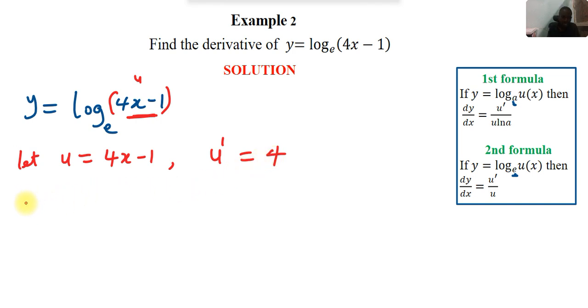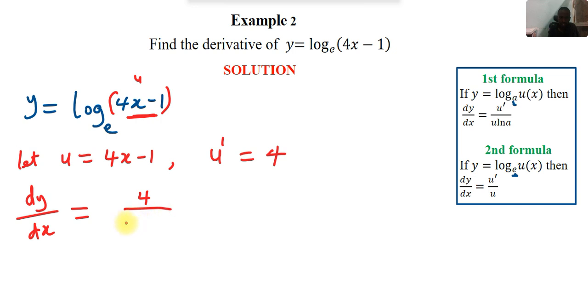So in that case, you can easily say that dy dx in this case will be, what does the formula say? U prime over u. So I'll put u prime up here, which is 4, over u.